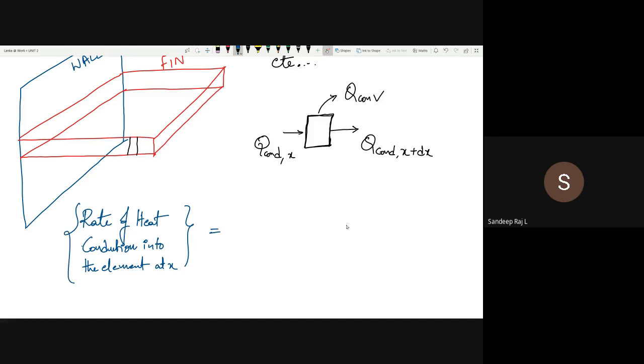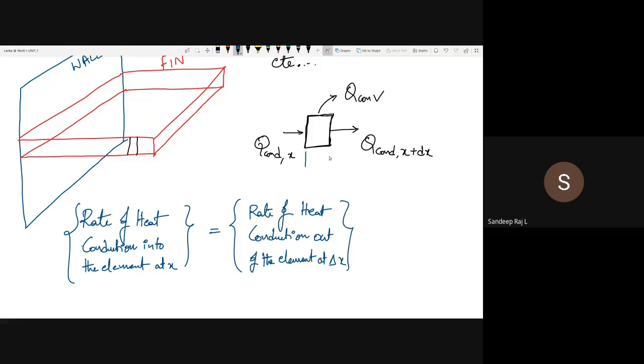This will be equal to the sum of this one, that is, the rate of heat conduction out of the element at x plus delta x.